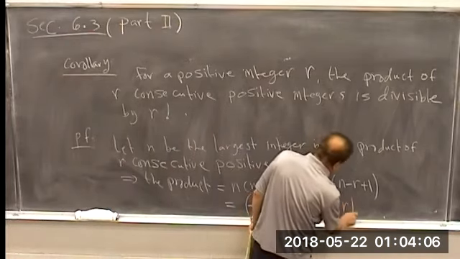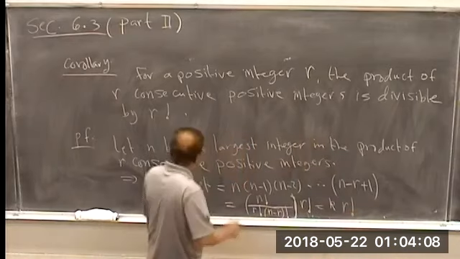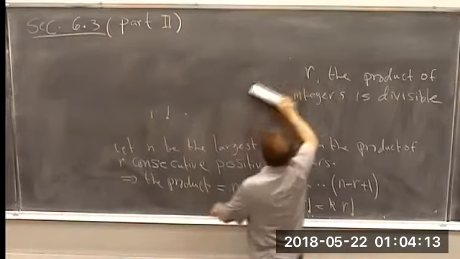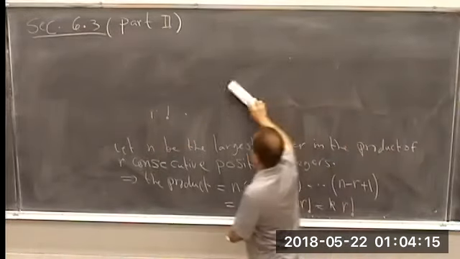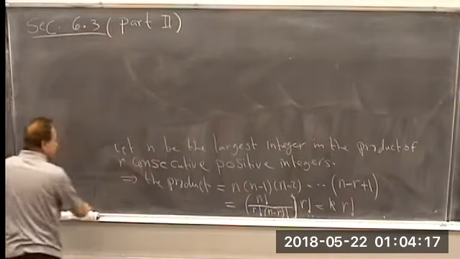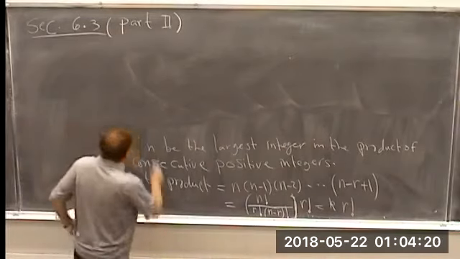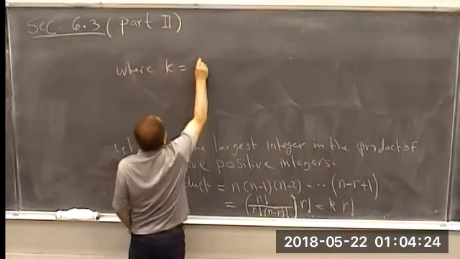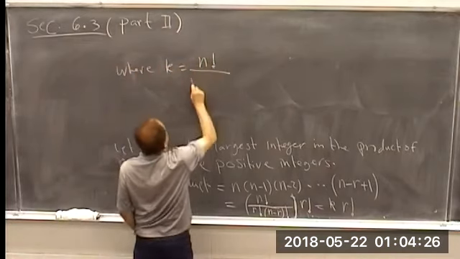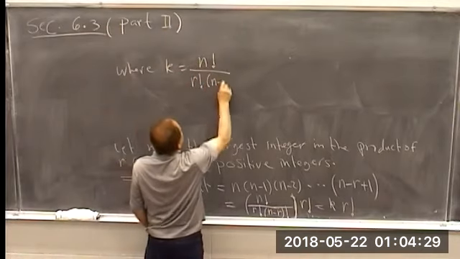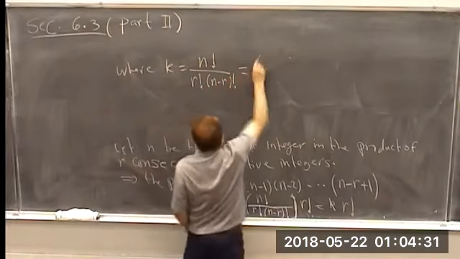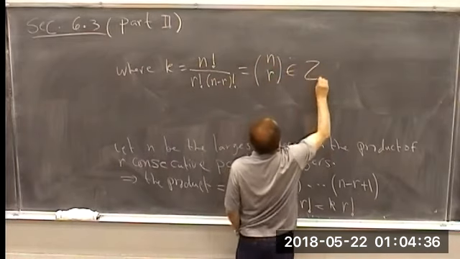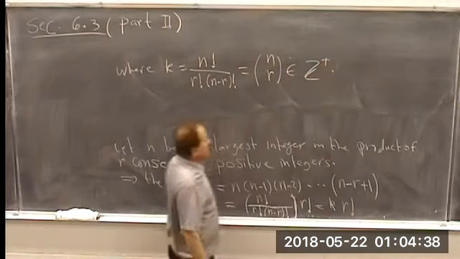So k is the binomial coefficient n choose r, an integer, positive by the theorem.